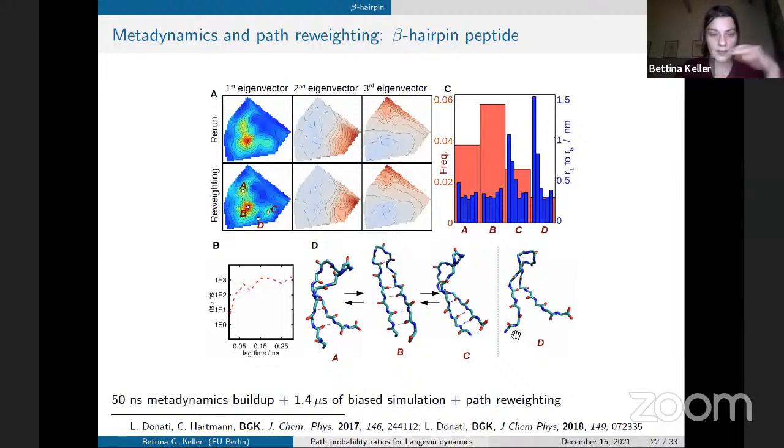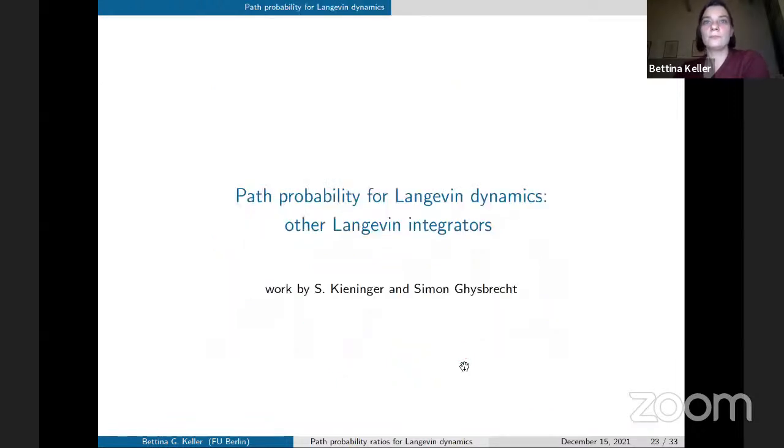A fully extended open state that was sampled got reweighted to very low populations over there. So this works, and we have 1.4 microseconds of simulations to conduct this, so an order of magnitude less simulation than previously.